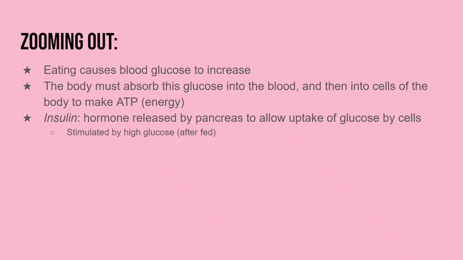So some sort of change has to happen in your body to allow the glucose in your blood to be absorbed into cells to be used for energy. Insulin is the hormone that's released when there's a high concentration of glucose in your blood, which allows cells to take up that glucose and then use it to make energy.